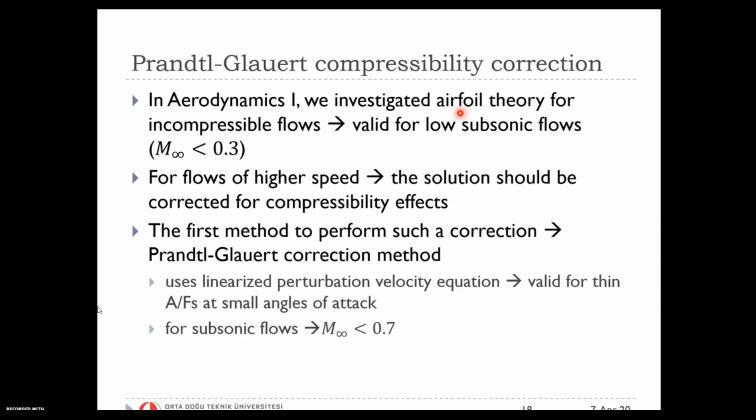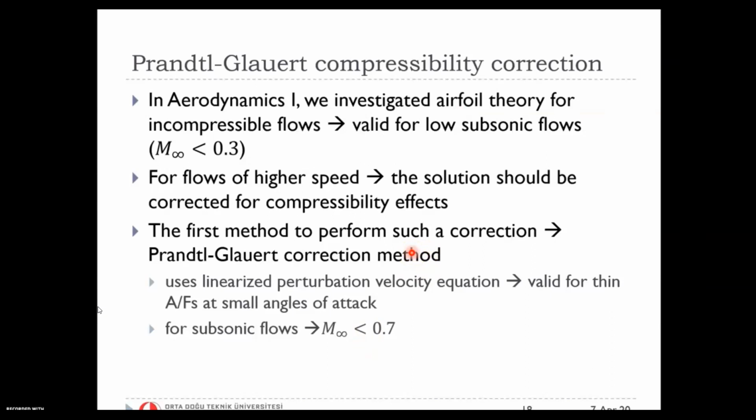Of course, then the variations in density cannot be neglected in that case. So then we need to apply some corrections for these variations in density. And the first method to perform such a correction is the Prandtl-Glauert correction method. It's completely based on our linearized perturbation velocity equation that we derived a couple of slides ago, which means that this correction is only valid for thin airfoils at small angles of attack.